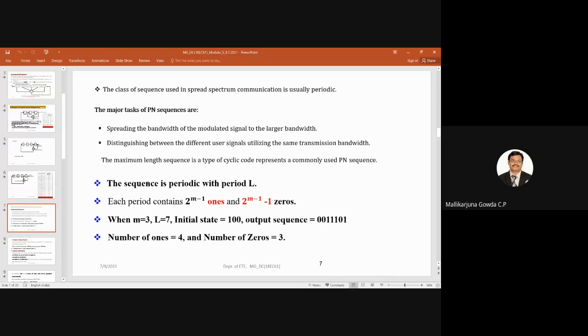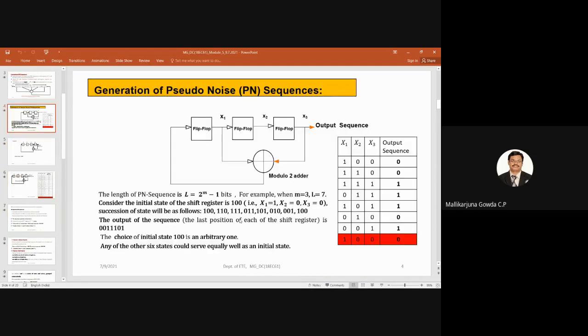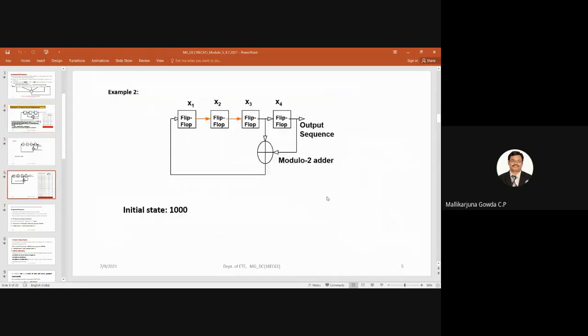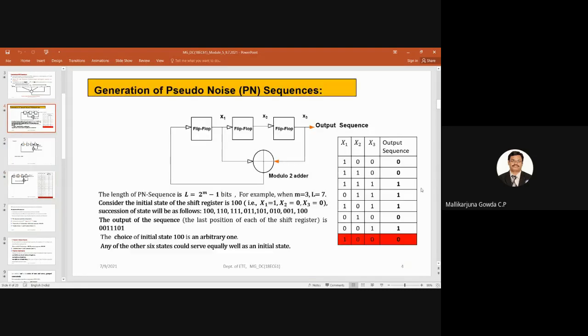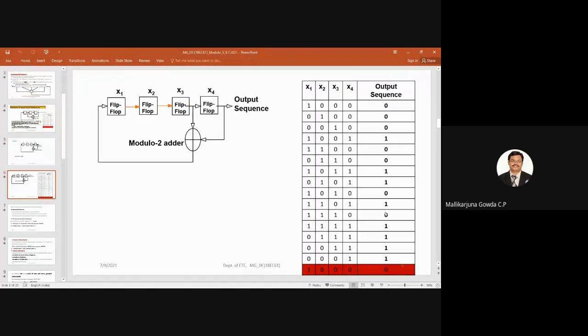With the given example, when m equal to 3, the length of the PN sequence will be 7 bits with the initial state 100. I showed that the number of ones will be 4 and the number of zeros will be 3, right? Similarly, you can check for this.